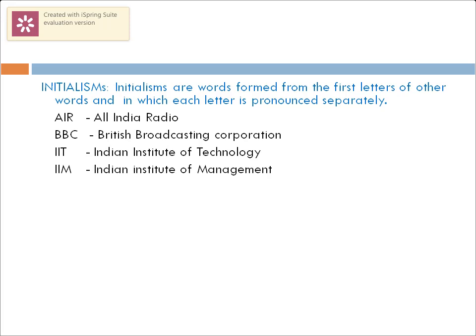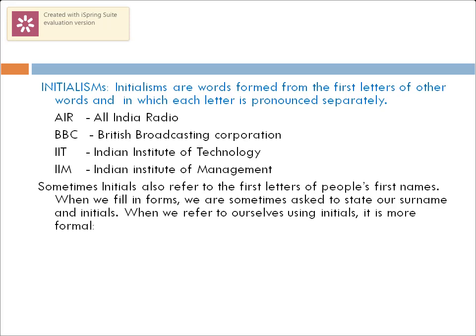Here, A, I, and R are the initial letters of the three words, and they are put together to form the abbreviation, but still each letter is pronounced separately. They are not treated as a separate word. Similarly, British Broadcasting Corporation has an abbreviation BBC, IIT is for Indian Institute of Technology, and IIM is an initialism for Indian Institute of Management.